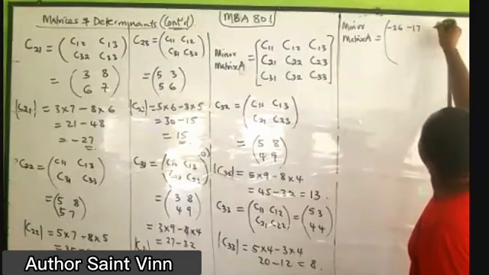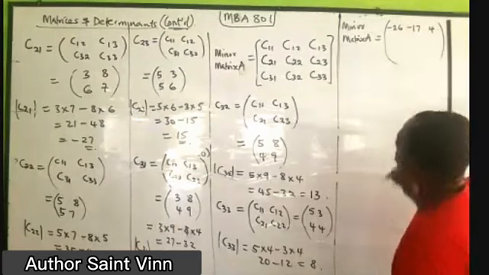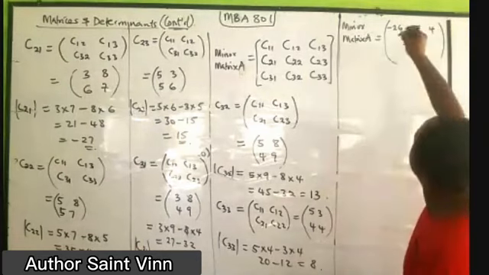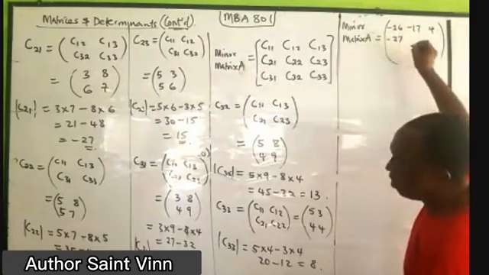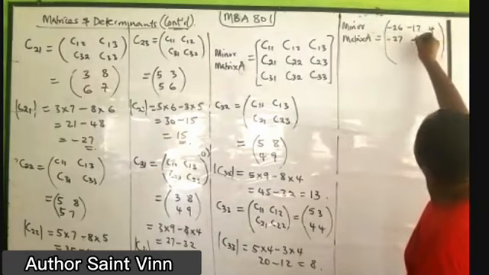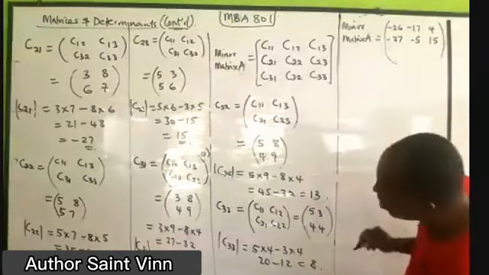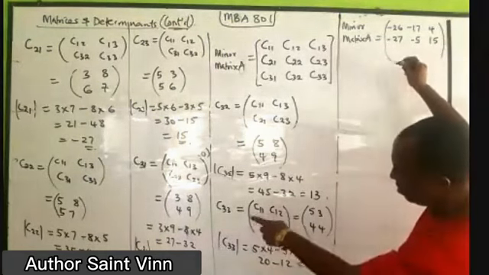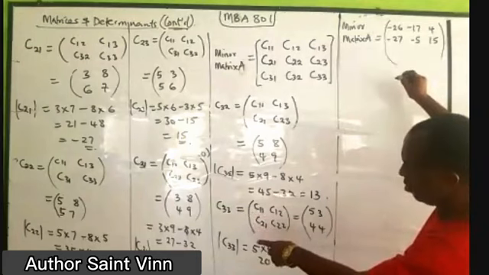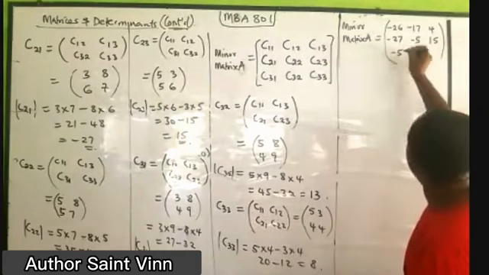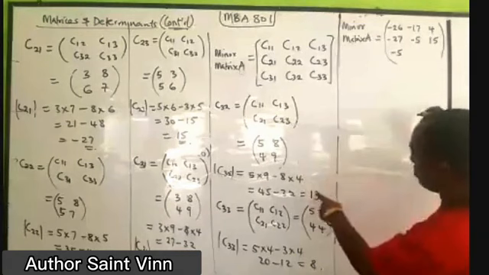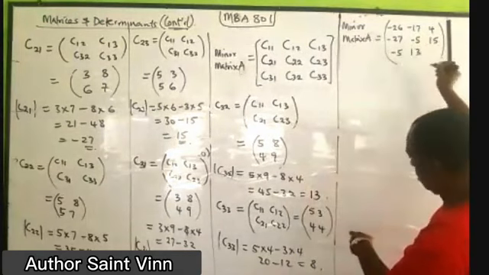C13, 4. The next one, minus 27, minus 5, 15, then minus 5, the next one minus 5, then 13, then 8.